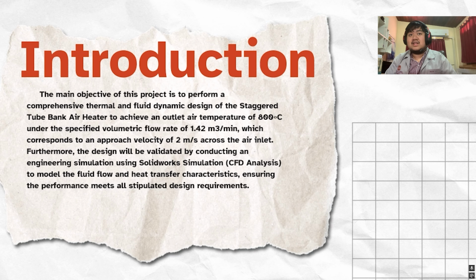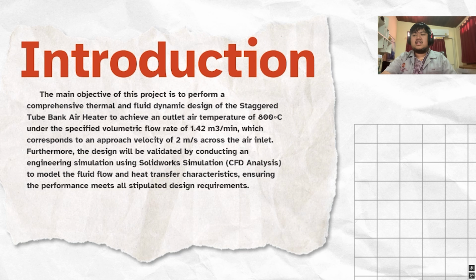Furthermore, the design will be validated by conducting an engineering simulation using SolidWorks Simulation to model the fluid flow and heat transfer characteristics, ensuring the performance meets all stipulated design requirements.